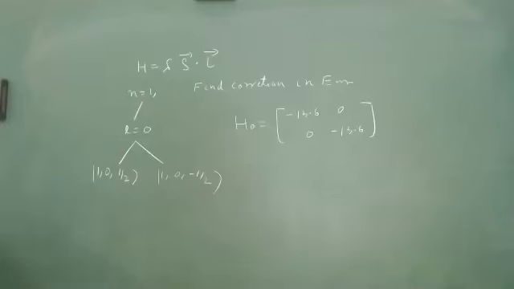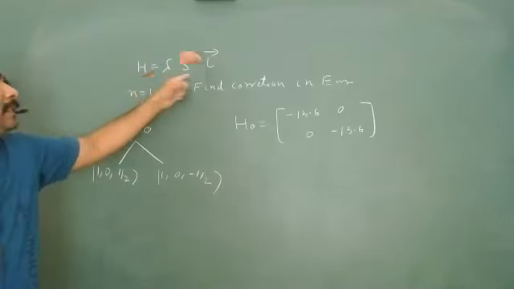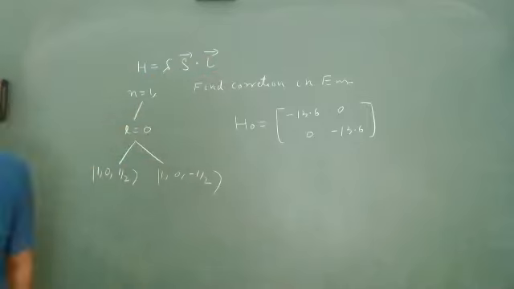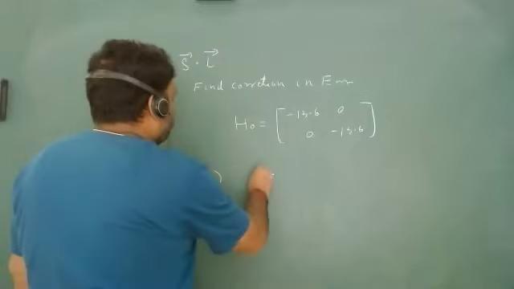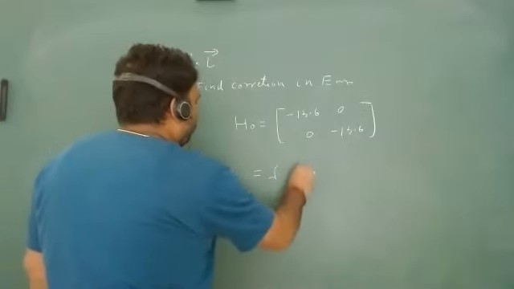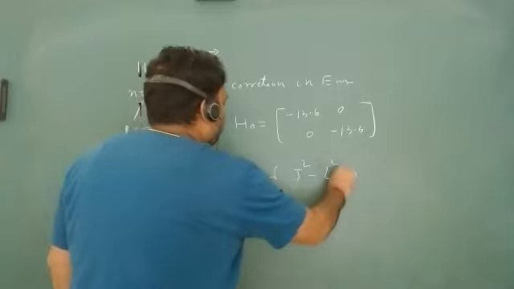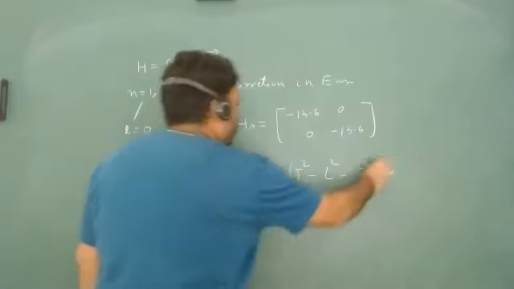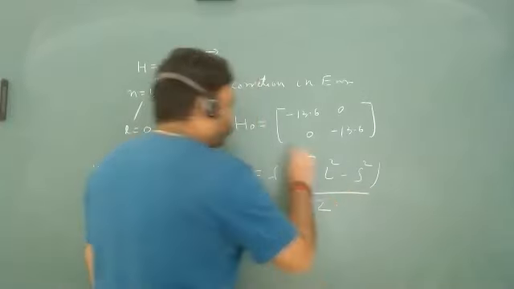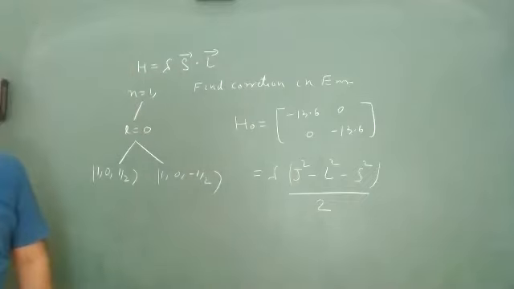And now you have to find the S dot L matrix. How will you get the S dot L matrix? You can just go for lambda times J square minus L square minus S square by 2. Remember?